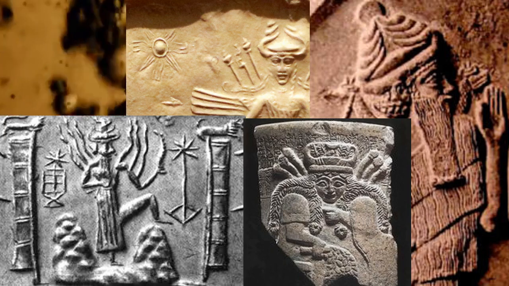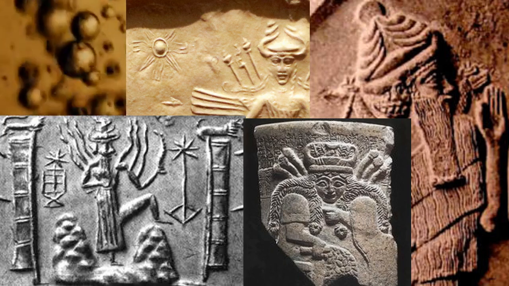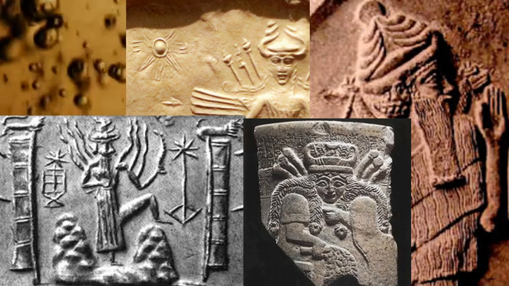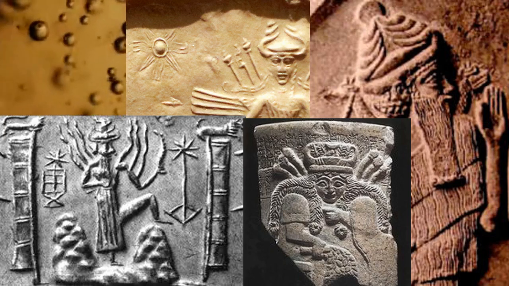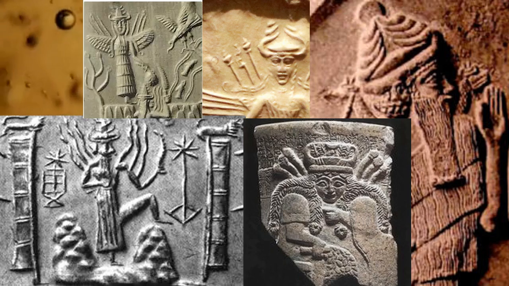You will occasionally see a goddess with grain coming from her shoulders. Hopefully we get to her as well. In the Ada seal that we started out with, you see a goddess with lines coming from her shoulders, perhaps rays of light.